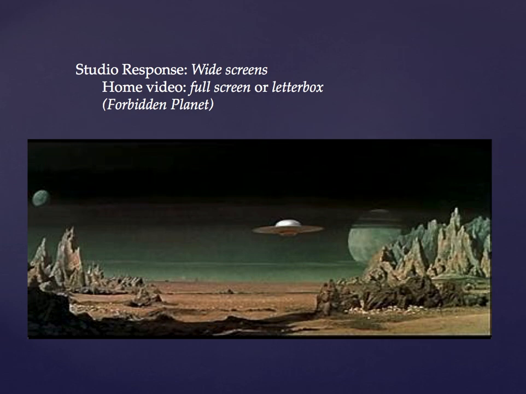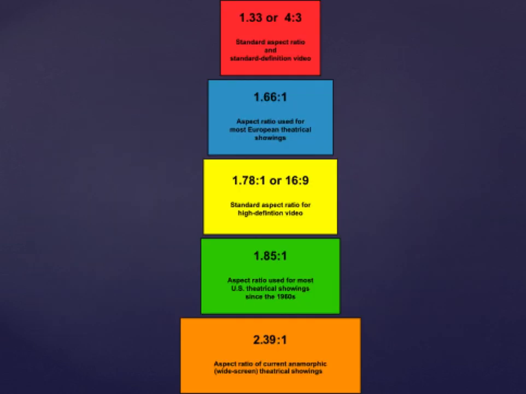And just the way aspect ratios work, this is the way television and old movies before 1950 would be, right? It's called aspect ratio, and it's about 1 unit by 1 1/3 units, right? So it's about 1.3 by 1, okay?